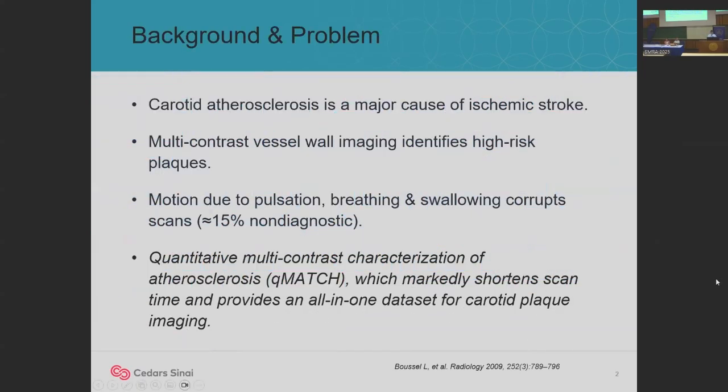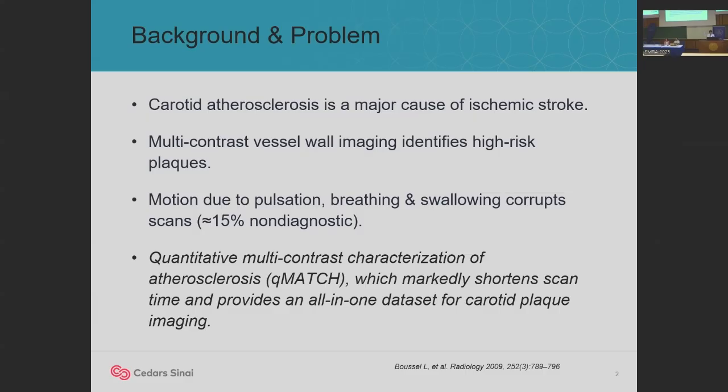We already know that carotid atherosclerosis is the major cause of ischemic stroke, and MR-based vessel imaging is very useful in identifying high-risk plaques. It's perhaps still an area where MR-based methods can outperform CT. However, MR suffers from motion artifacts due to the long scan time, especially for multi-contrast approaches.